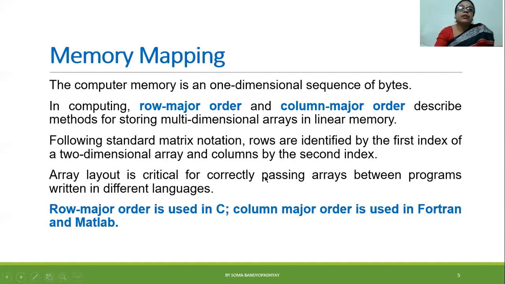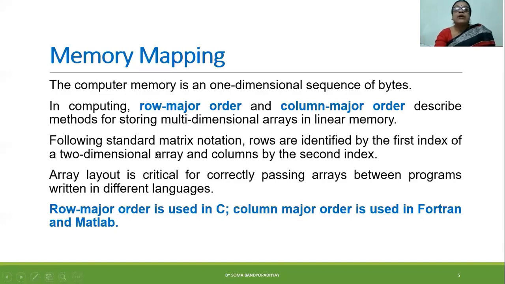Now, the computer memory is a one-dimensional sequence of bytes. In computing, the row major order and column major order describe the methods for storing multidimensional arrays in linear memory. That means the computer memory is one-dimensional, and row major order and column major order are the methods of storing the multidimensional array.